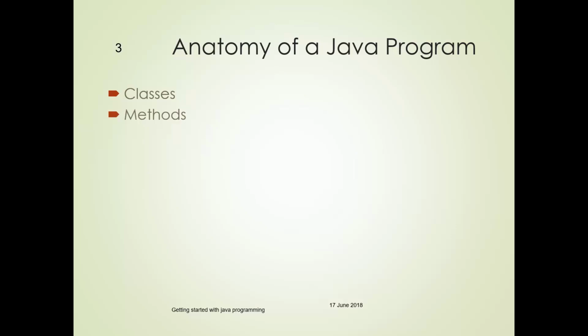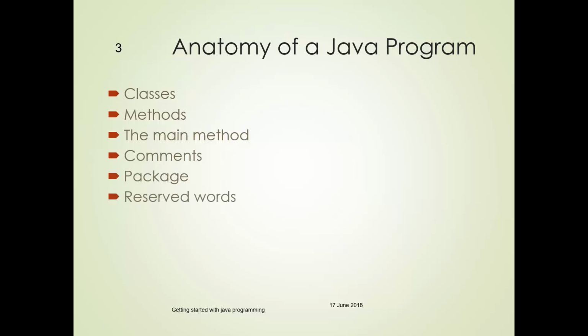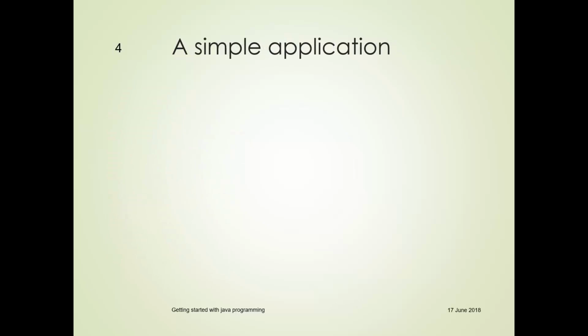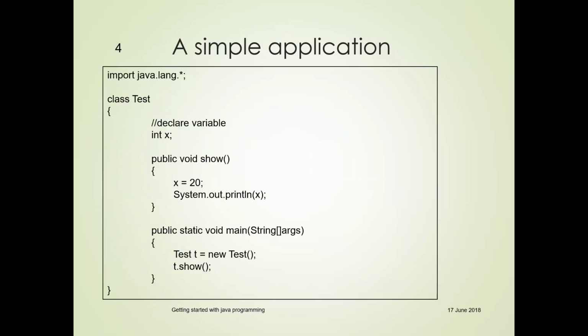Methods, people call them functions also. The main method that is going to be used in a Java program. Comments, we will see what those are. Packages, there are certain reserved keywords or words. Modifiers, statements, blocks.